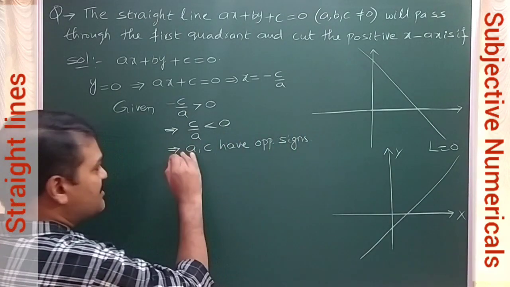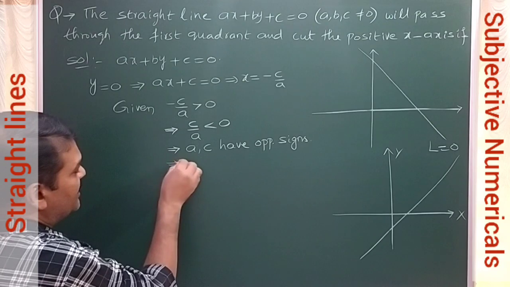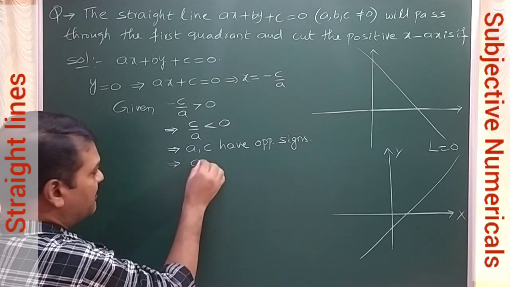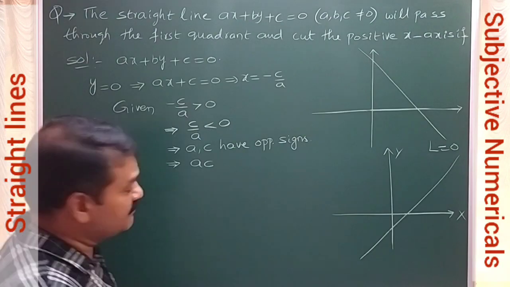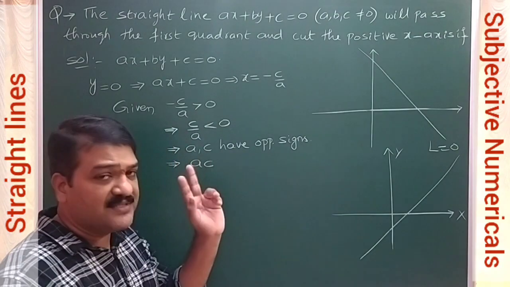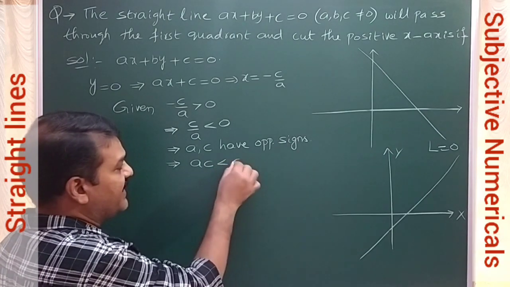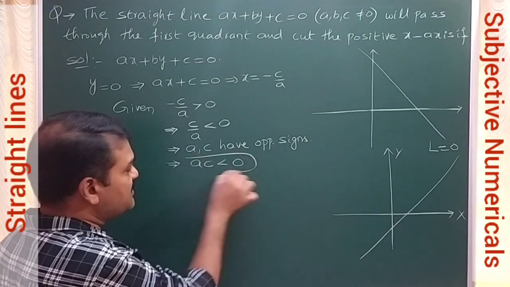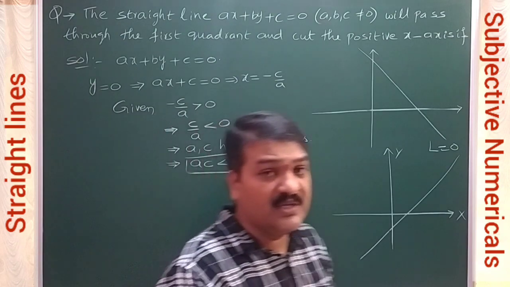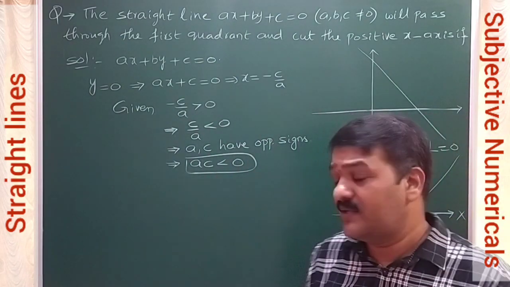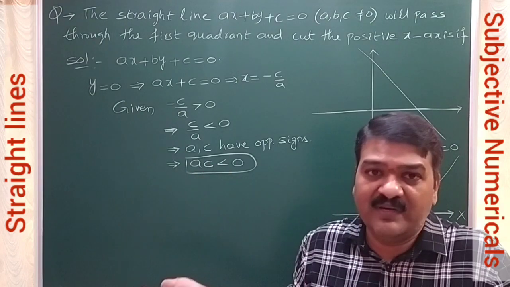If a is positive, c is negative; if a is negative, c is positive. Therefore, when you multiply a and c, you must get a negative value. So this is one condition: a and c have opposite signs, and when you multiply both of them, you will get negative only.